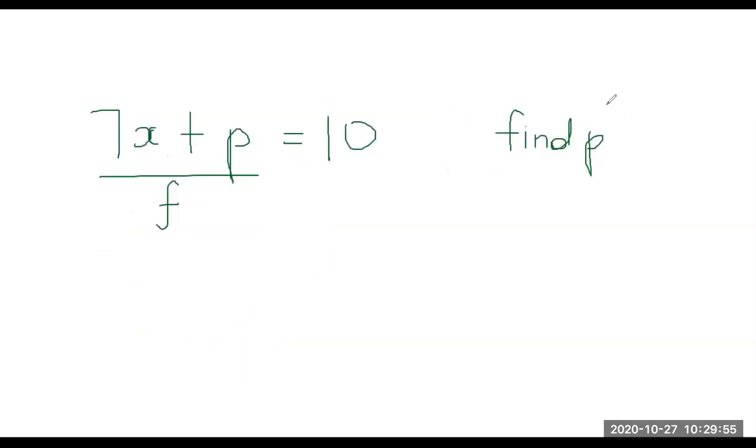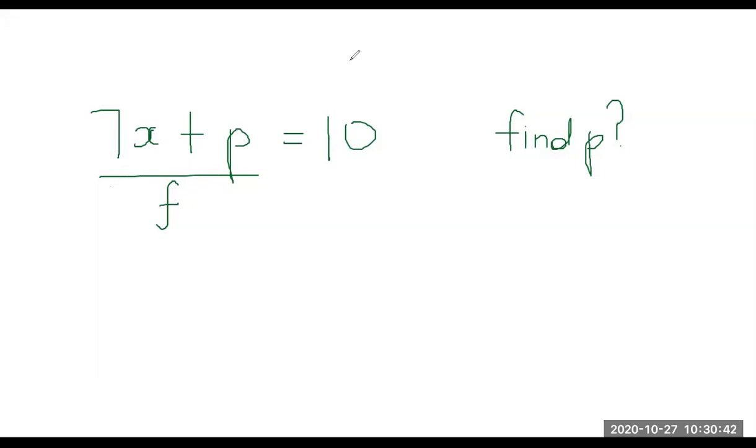All right, so let's look at this question. It says 7x plus P, all divided by F, is equal to 10. And then it's asking me to find P. What do you think my first step for this one would be? Whenever I have questions like this and all of it is divided by something, I want to get rid of the number at the bottom first. You always want to try and get rid of numbers or letters at the bottom.